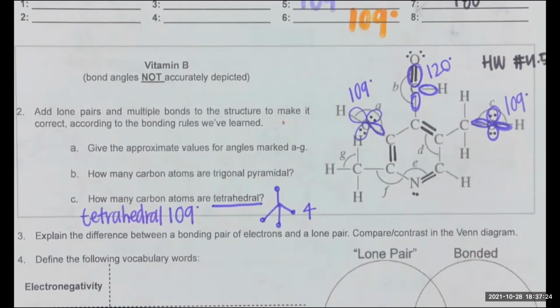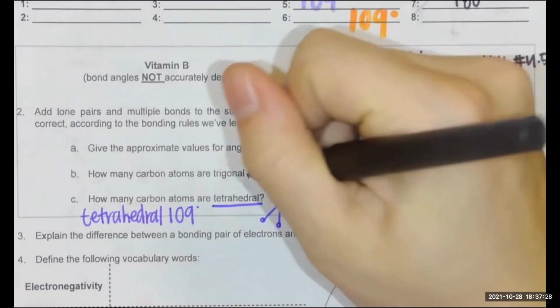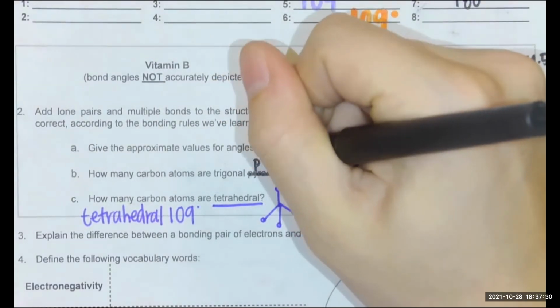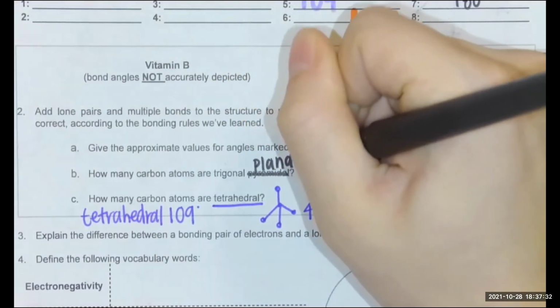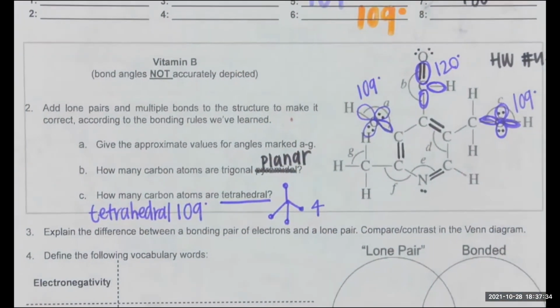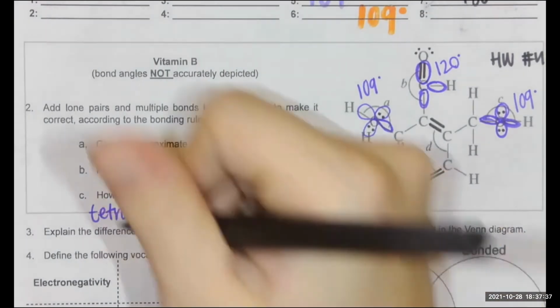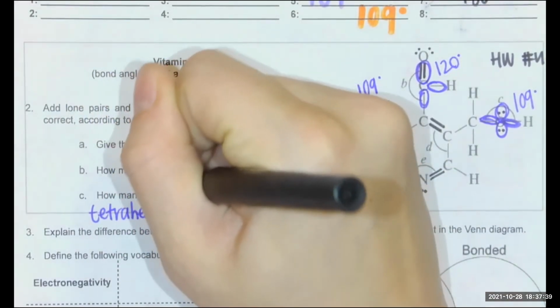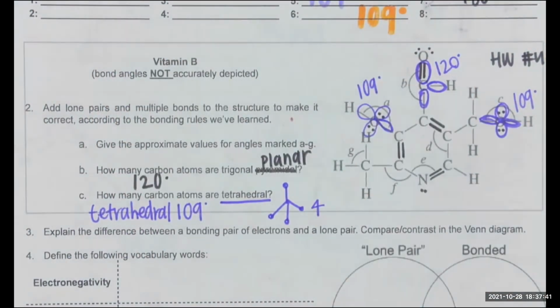When it says how many are, this should say trigonal, cross this out, trigonal planar. To figure out if something is trigonal planar or not, just look and see which ones are at 120.